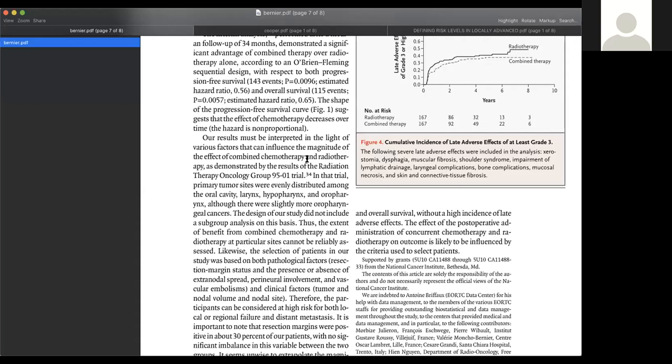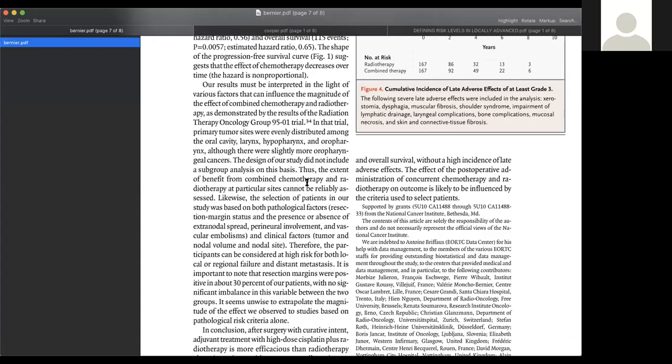And in that trial, we will discuss the trial next, their trial did not do a subgroup analysis. So they weren't able to show which subsite particularly benefited from this adjuvant treatment.